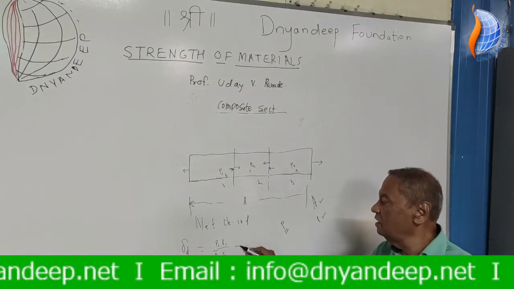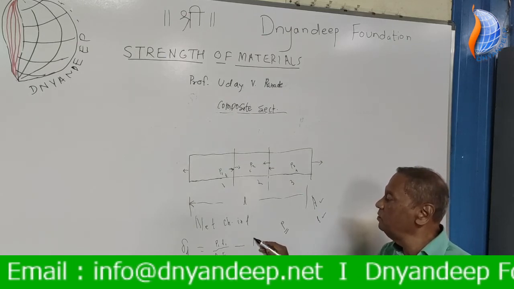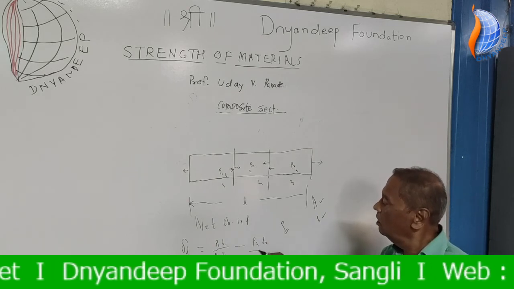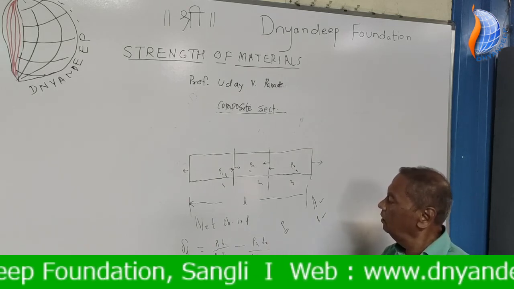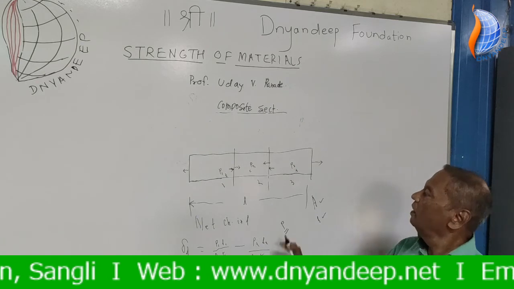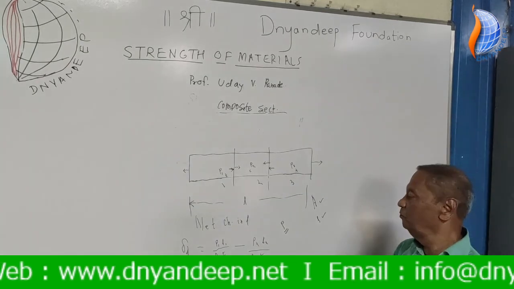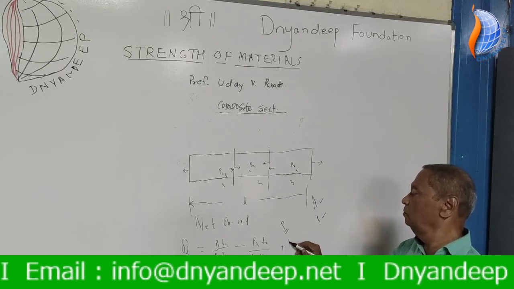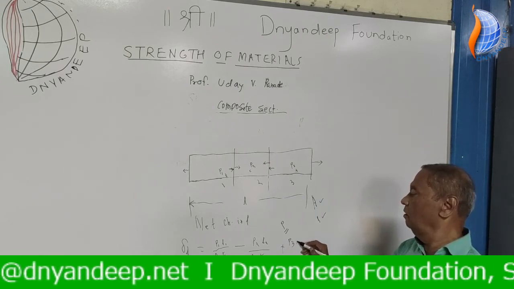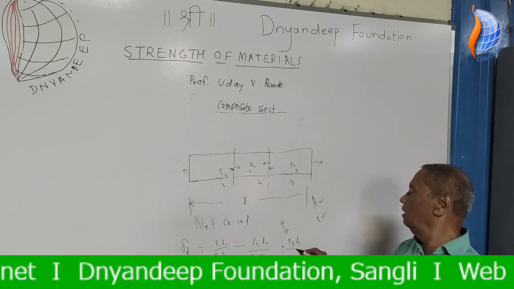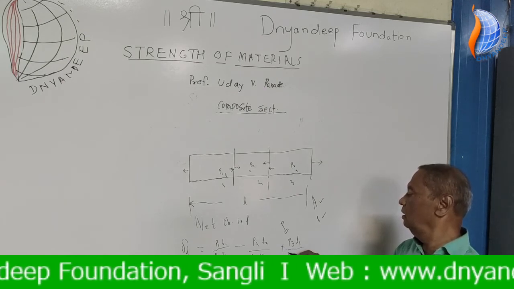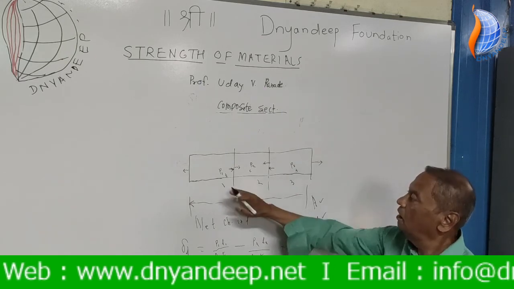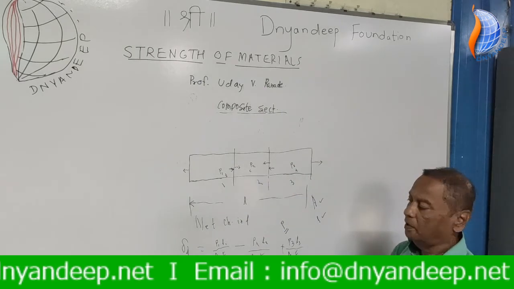So the second sign is minus P2 into L2 upon A. Again for part 3 it is tensile, so plus P3 L3 upon A, because A and E are common for all parts.